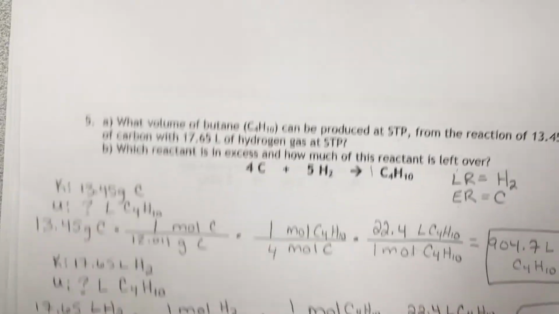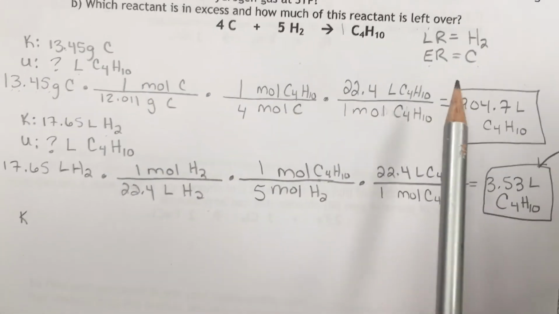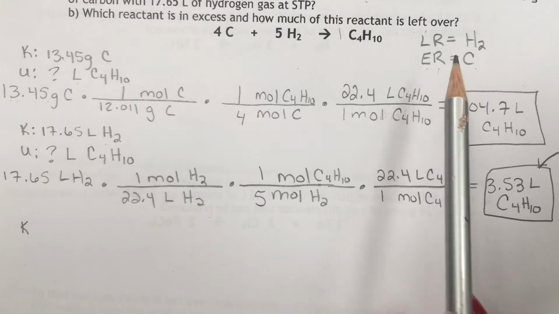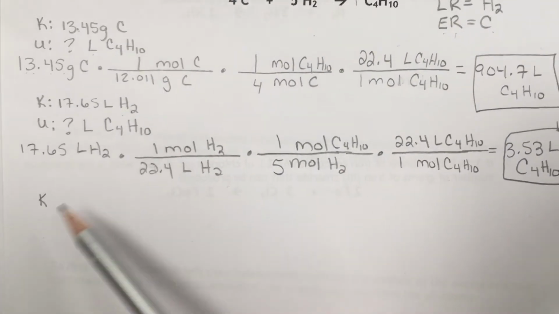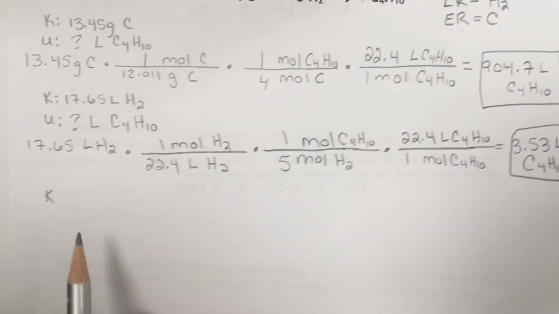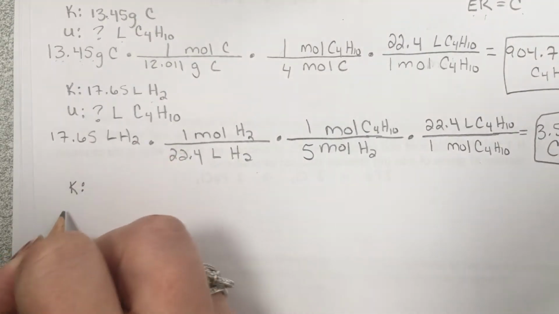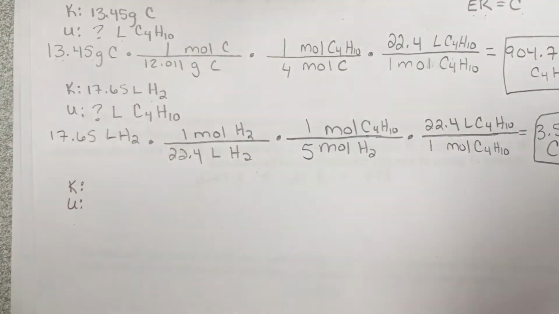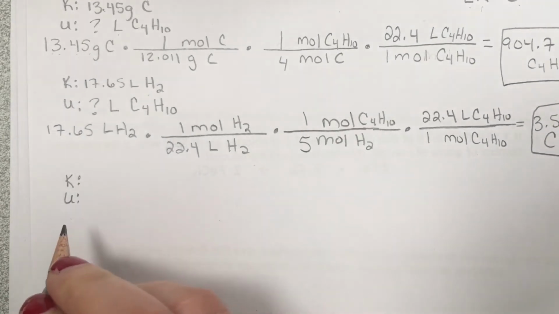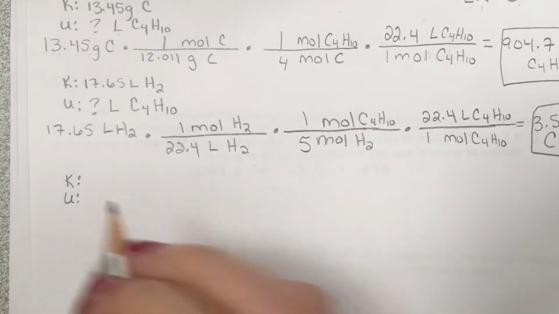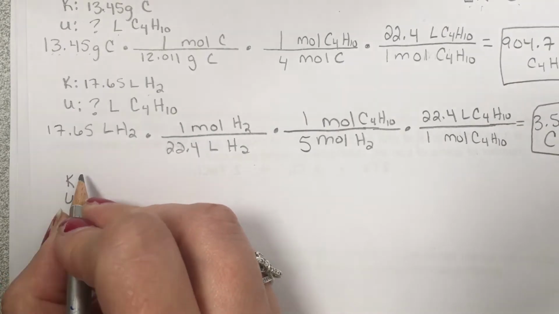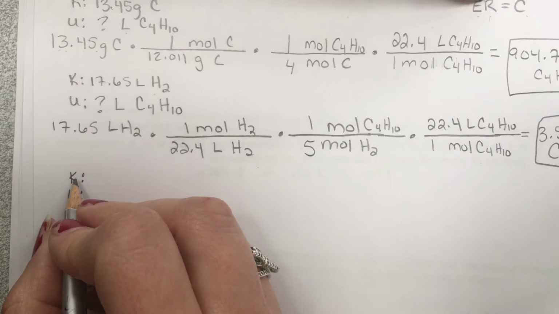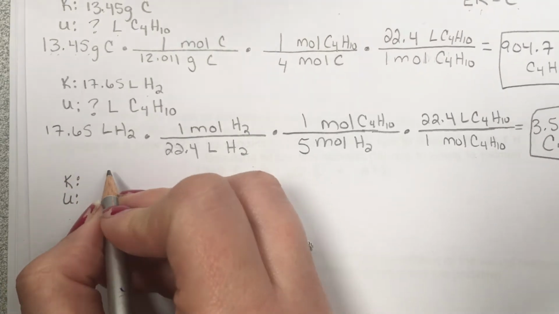Okay, so in order to find out the excess reactant, how much is left over, we need to find out first how much will react. And to find out how much will react, we will do another mole calculation with a known and an unknown. Except the known this time will be the limiting reactant. I almost forget every time. Limiting, which is H2.